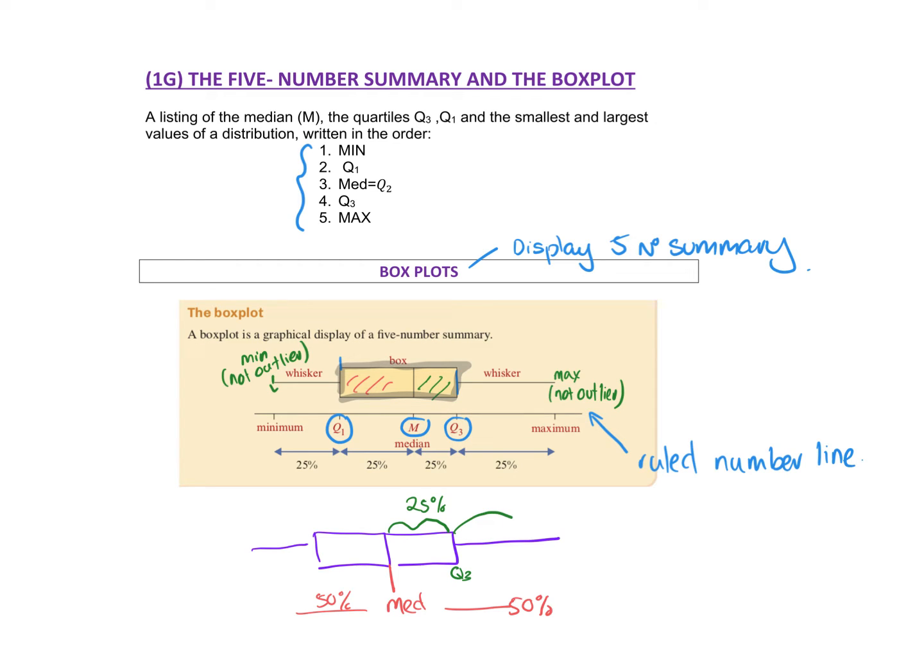From Q3 to the end of the data is another 25%, and vice versa here, this is 25%, and that is 25%. So you can see there all the quartiles. Between Q1 and Q3, we have 50%, yeah? If we were to go from Q1 to the end of the data, we'd have 75%. Can you see I'm adding up the percentages? You may get questions like that, and you'll see that in a minute.